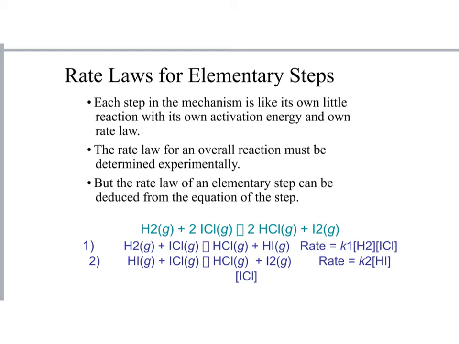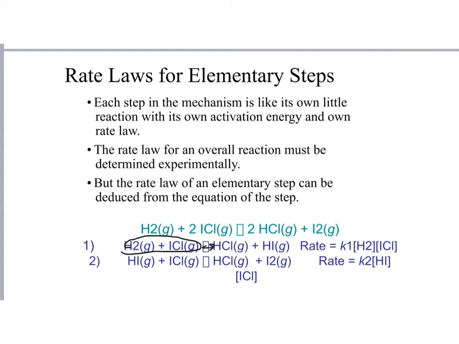So if we look at this reaction, this first one, where we have H2 and ICl going to HCl and HI, the rate is dependent on the H2 and the ICl. It's dependent on those two concentrations.